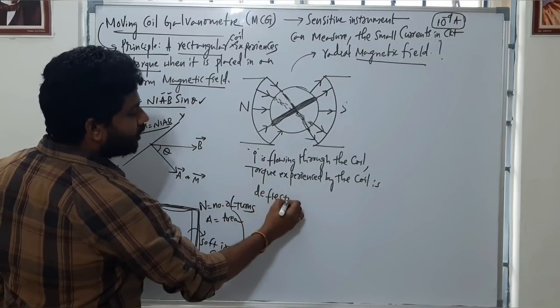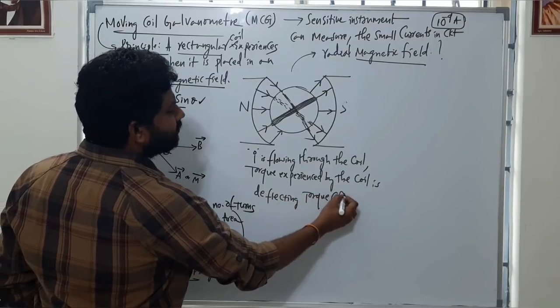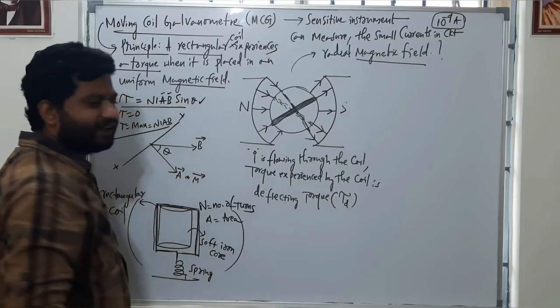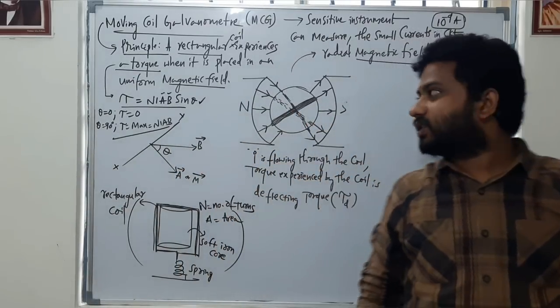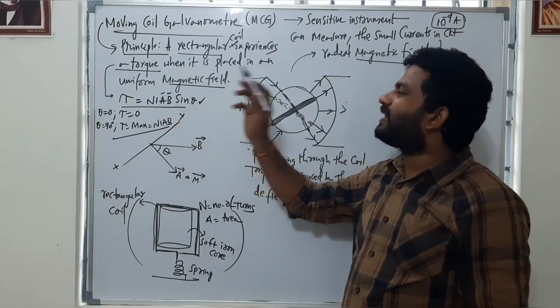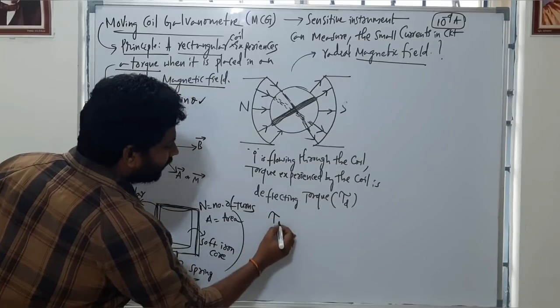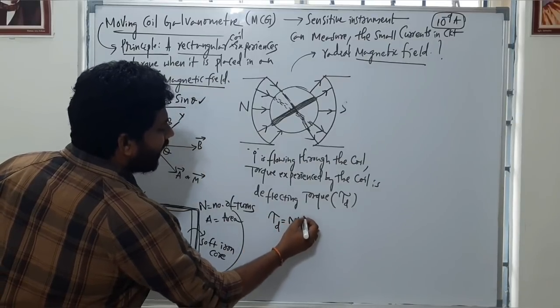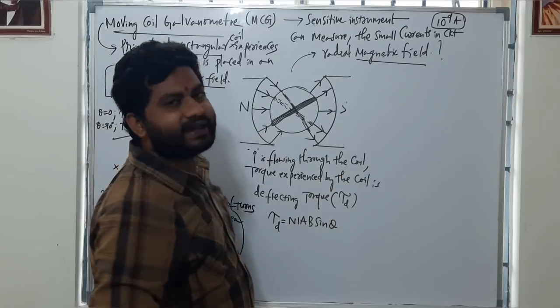What is the name of it? A deflecting torque, denoted with the symbol tau suffix d. So what is the torque expression? The torque expression is NIAB sin theta. I'm just writing the same here. So the deflecting torque is equal to NIAB sin theta.